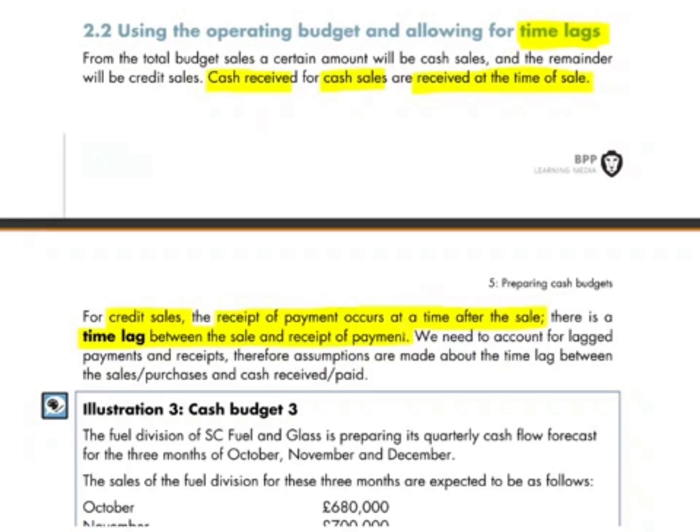When we're putting together a cash budget, we will need to take into account all of those time lags. We do that by making assumptions about what that time lag is based on the average credit taken by our customers or average credit that we take from our suppliers.